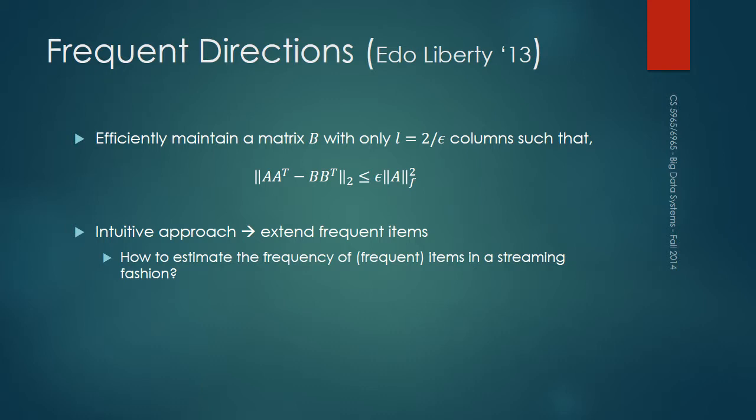How would you do this? If you were just having a stream of some set of values and you want to figure out the frequency with which they occur. Let's say I'm looking at the frequency with which you guys are showing up in class.